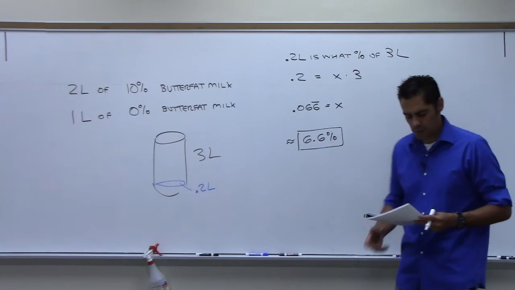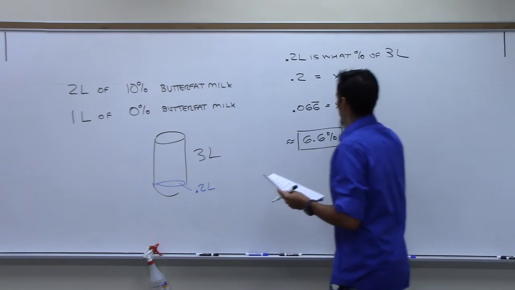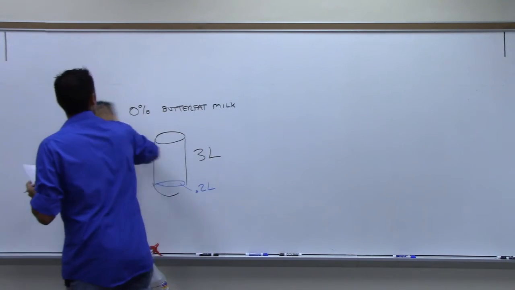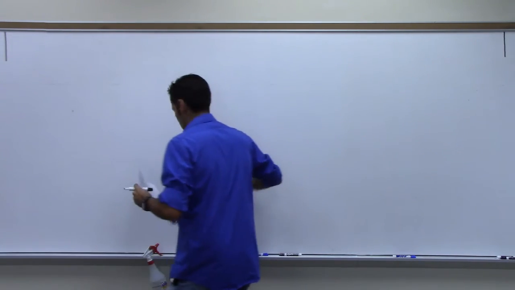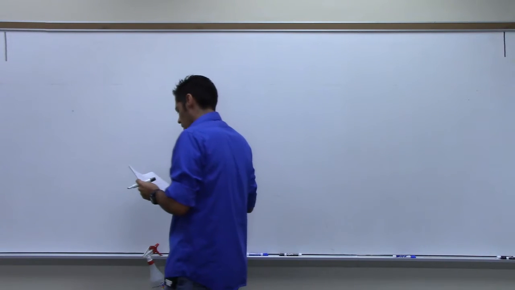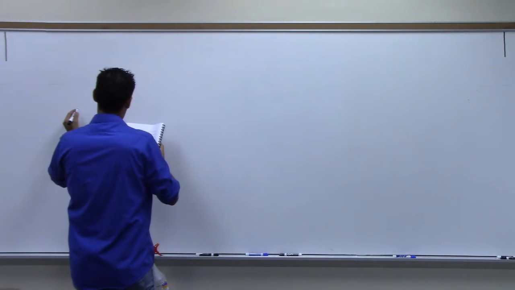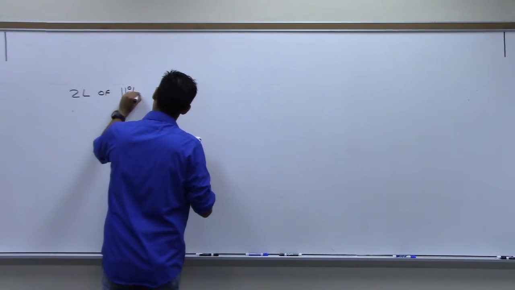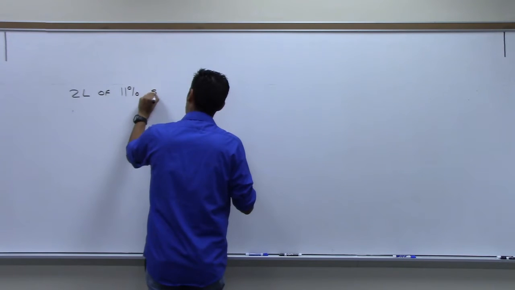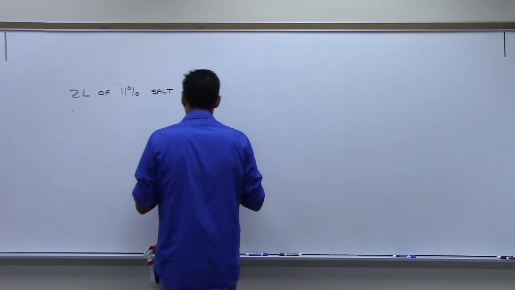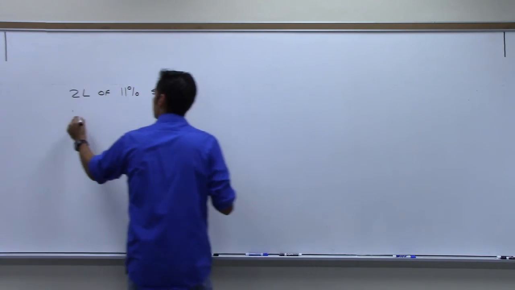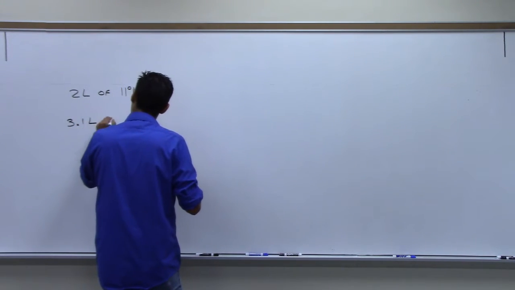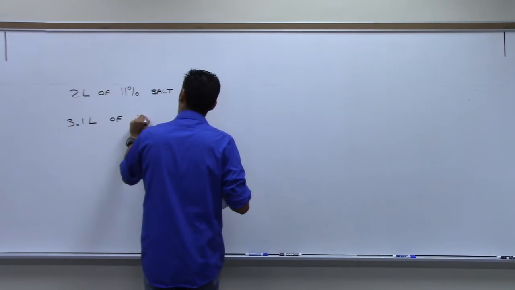I want you to try the next one. I'll put it up here on the board and give you a little bit of time. You have a mixture of 2 liters of 11% saline, which is salt, and 3.1 liters of water.